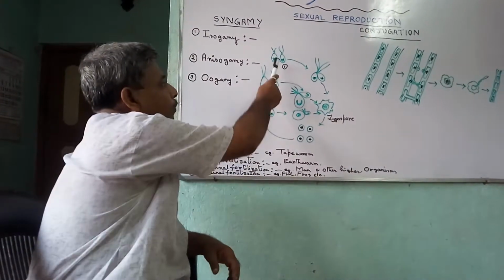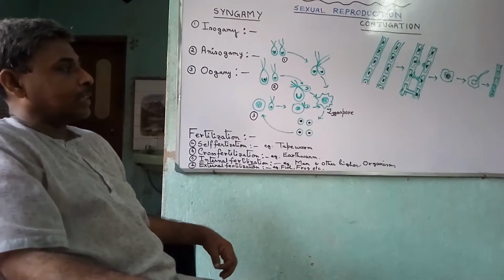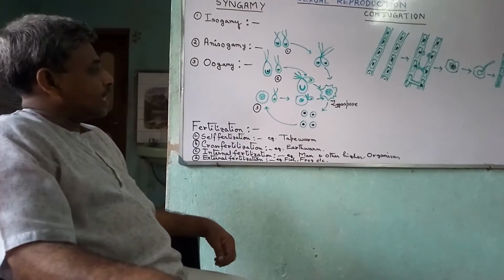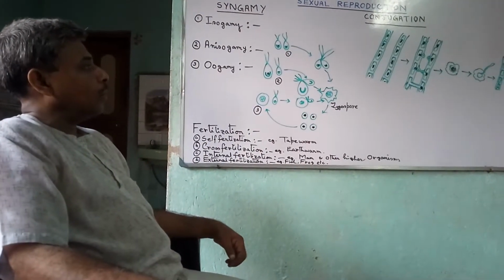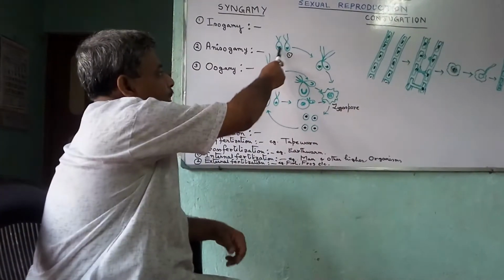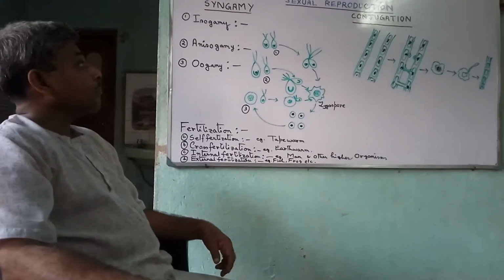Here the vegetative body or the individual itself acts as a gamete. Basically, this type of syngamy is found in algae. As we are seeing here, these are the cells of Chlamydomonas.